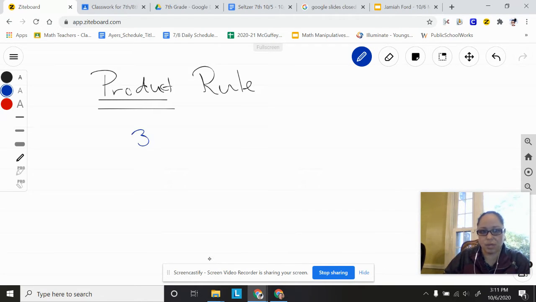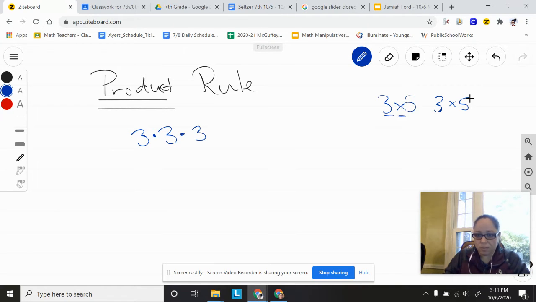So if I have 3 multiplied by 3 multiplied by 3, and I'm using the times sign, that's the little point instead of an x, so that I don't get confused with the 3x or 3 times 5. If I have 3x5, that's 3, the variable x, and 5 all being multiplied together. This is just 3 times 5, and it can get very confusing.